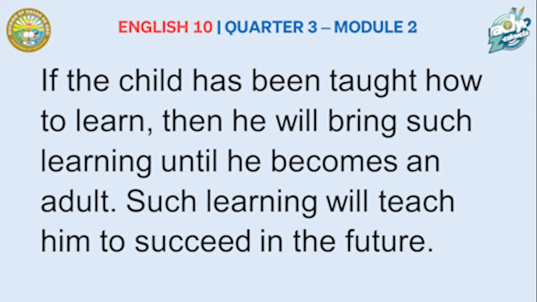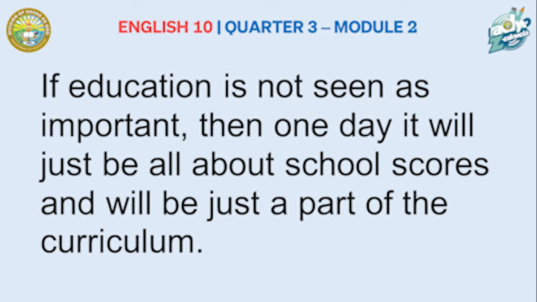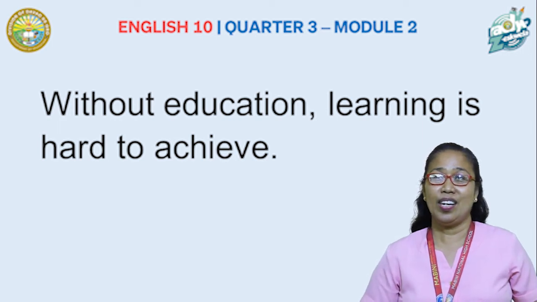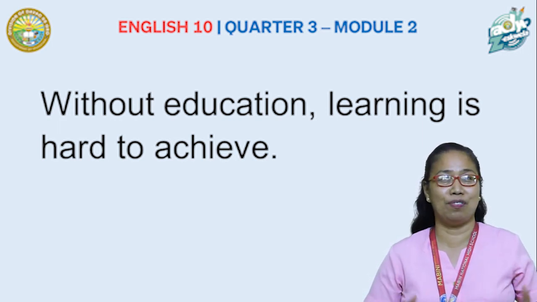Such learning will teach him to succeed in the future. If education is not seen as important, then one day it will just be all about school scores and will be just a part of the curriculum. Without education, learning is hard to achieve.